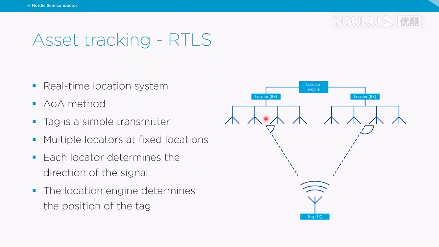Each locator determines the direction of the signal, calculates the angle, and then this information is sent to the location engine from one or more locators. And then it's the location engine that determines the position of the tag.